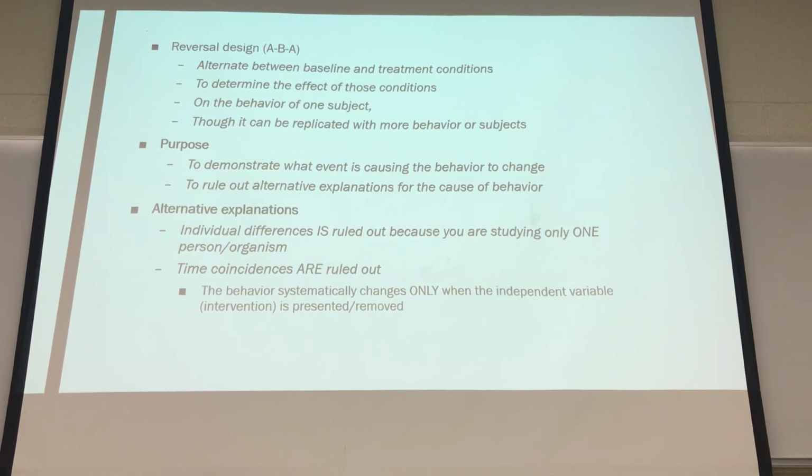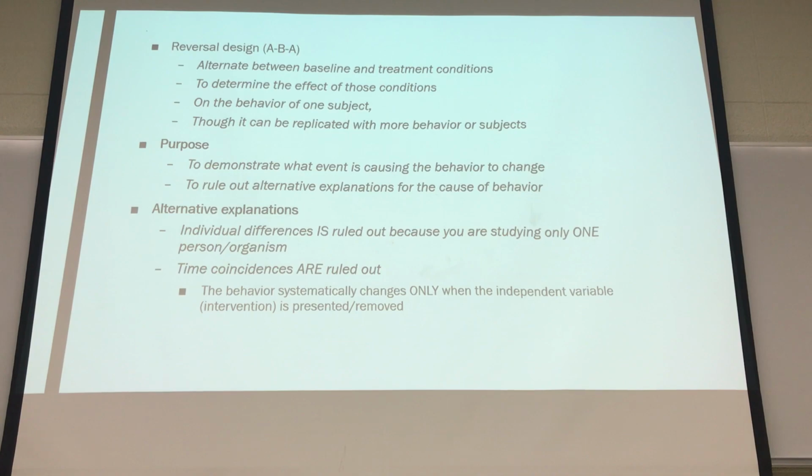And we can replicate that design using more behaviors or more subjects or participants. Okay? So we start out with A, we go to B, and then we alternate back to A.